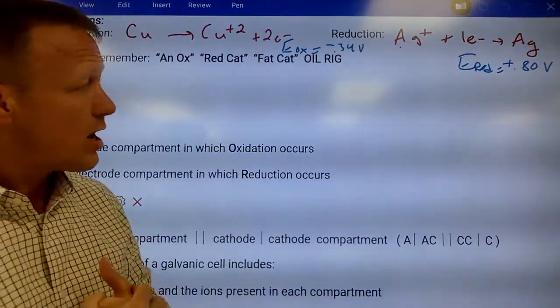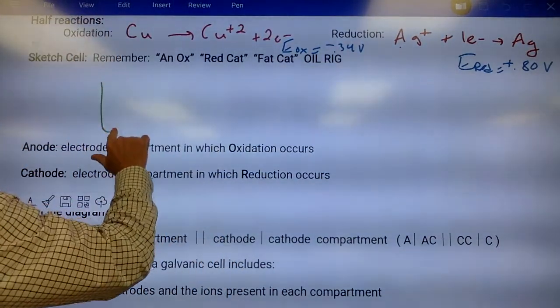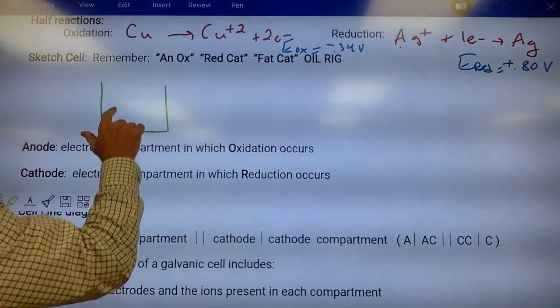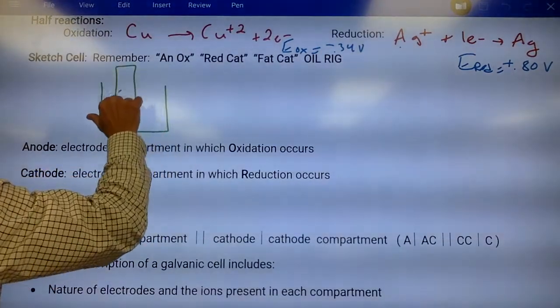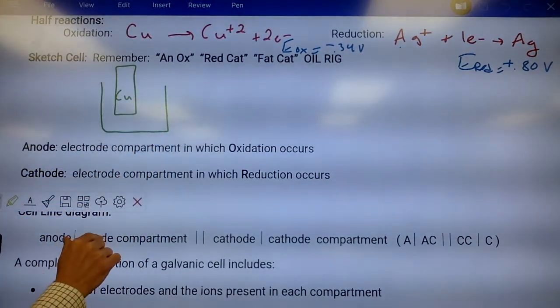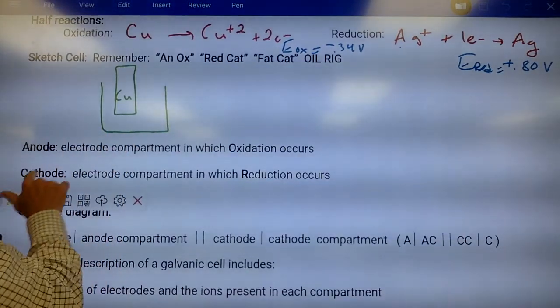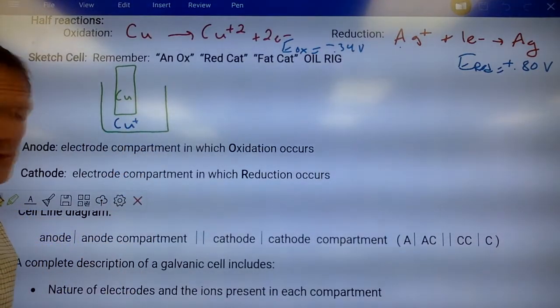So if we draw our little cell here, our battery, over here we're going to have our piece of solid copper in some aqueous copper solution.